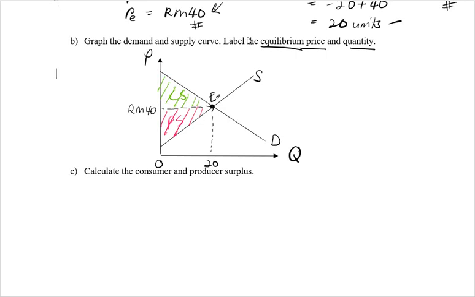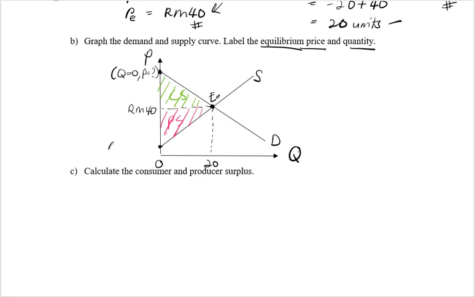So you need to find this point and this point. This is the point where quantity is 0, and the price is what you have to find.